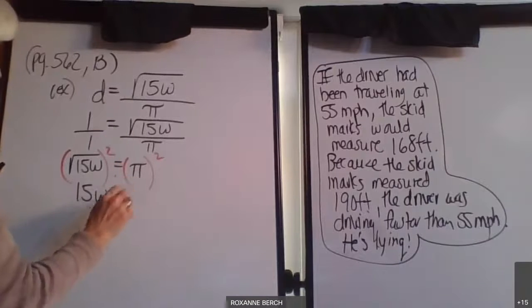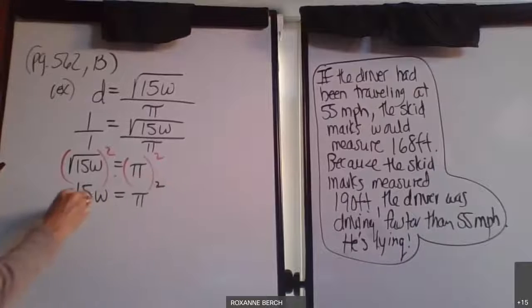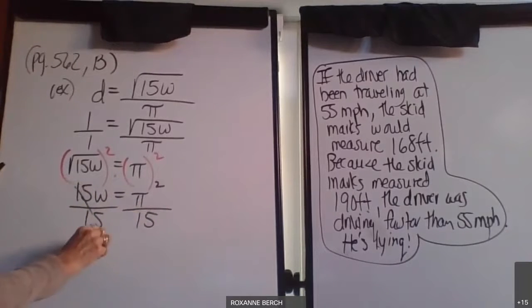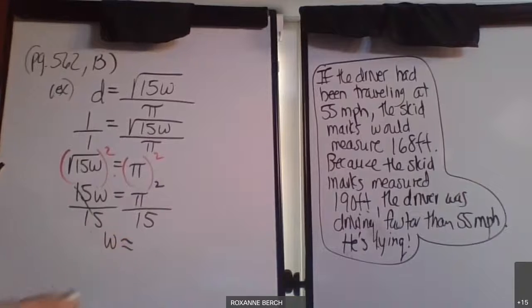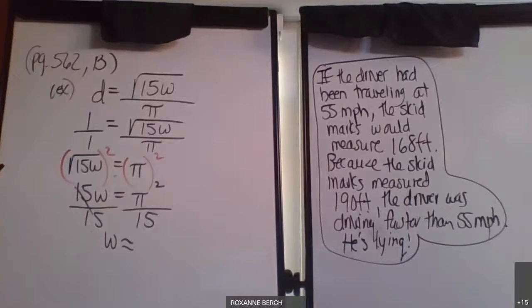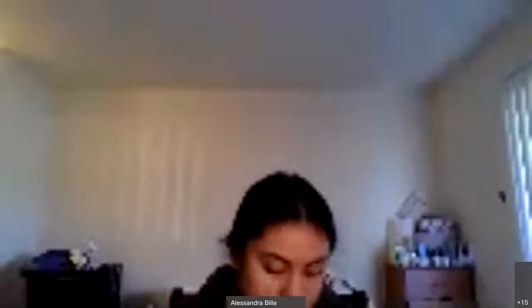I'm not even going to round right now. I'm just going to write the exact value, and wait until I divide by 15, so I get a more exact answer. Okay, so now on your calculator, what's pi squared divided by 15? 0.657. It's about 0.66, right?